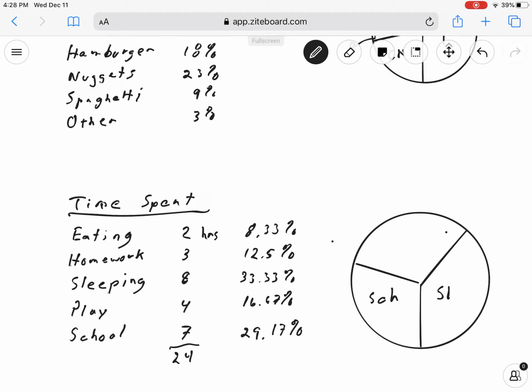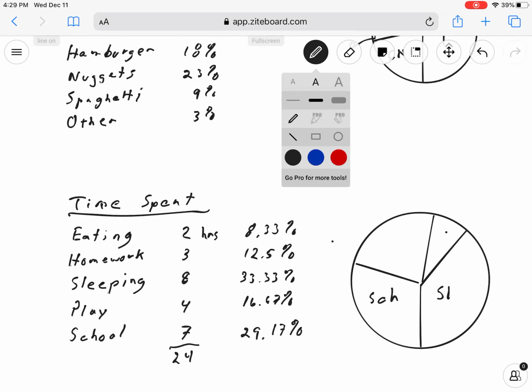And we need to break the rest of it up. So we'll make it look something like that, maybe. Move this one just a bit.